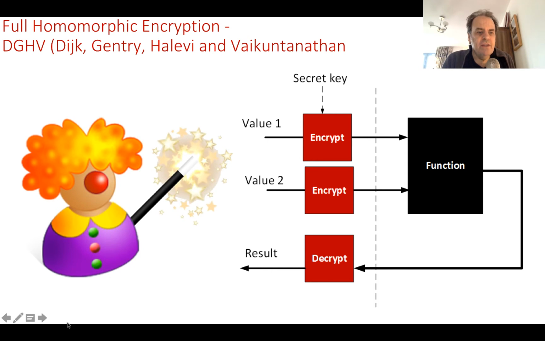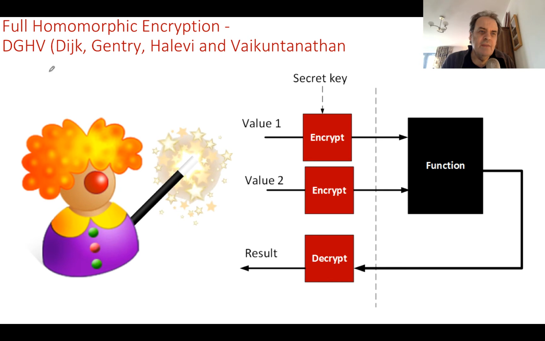There are several methods around for homomorphic encryption, but many of them only provide partial homomorphic encryption. RSA allows us to multiply two numbers together, but it doesn't do things like add or subtract.